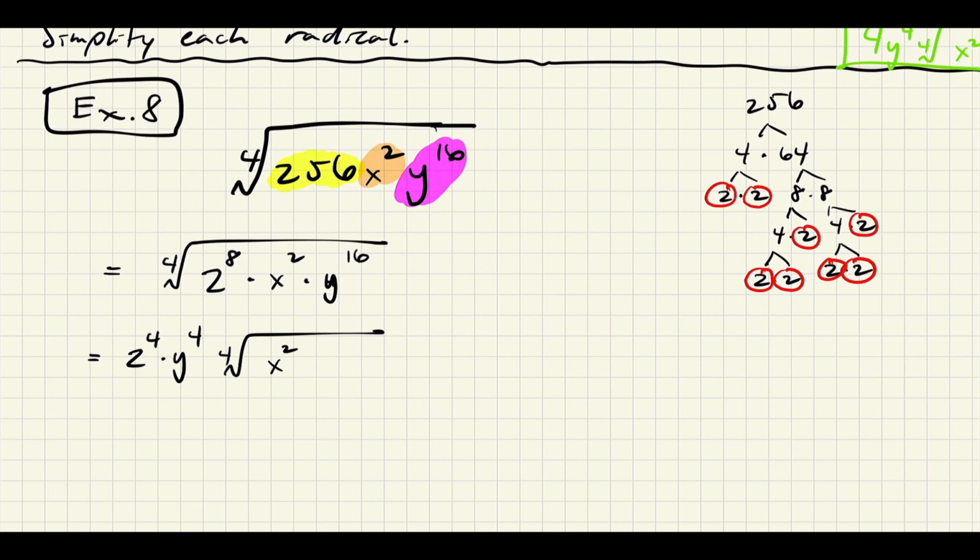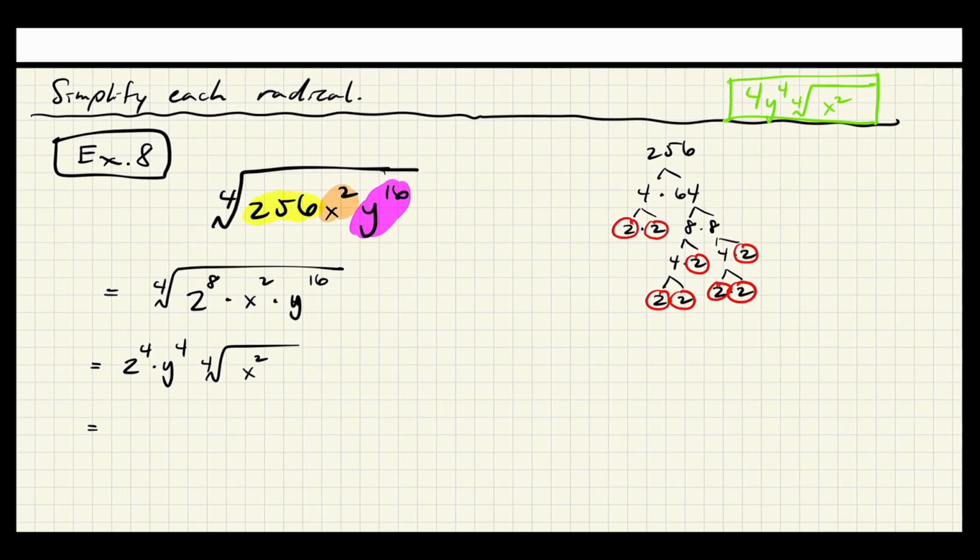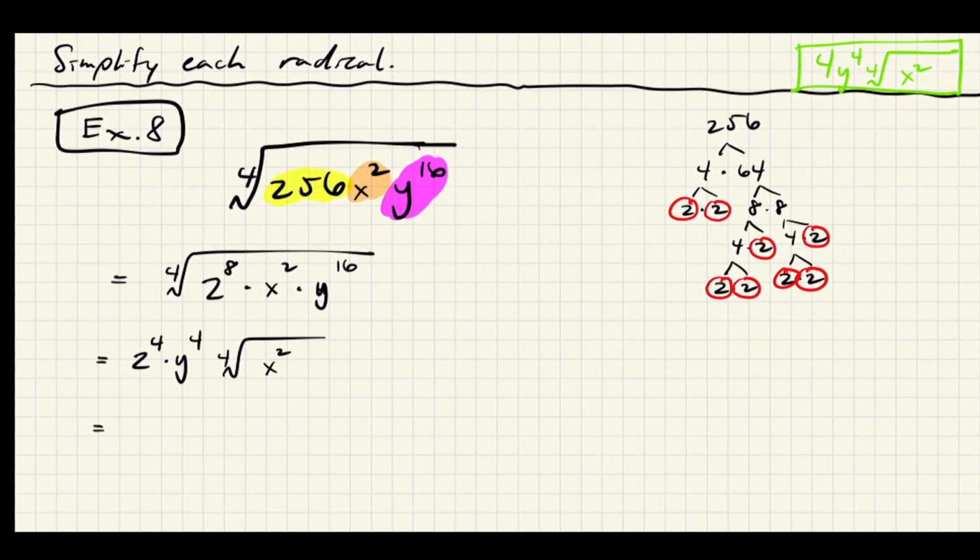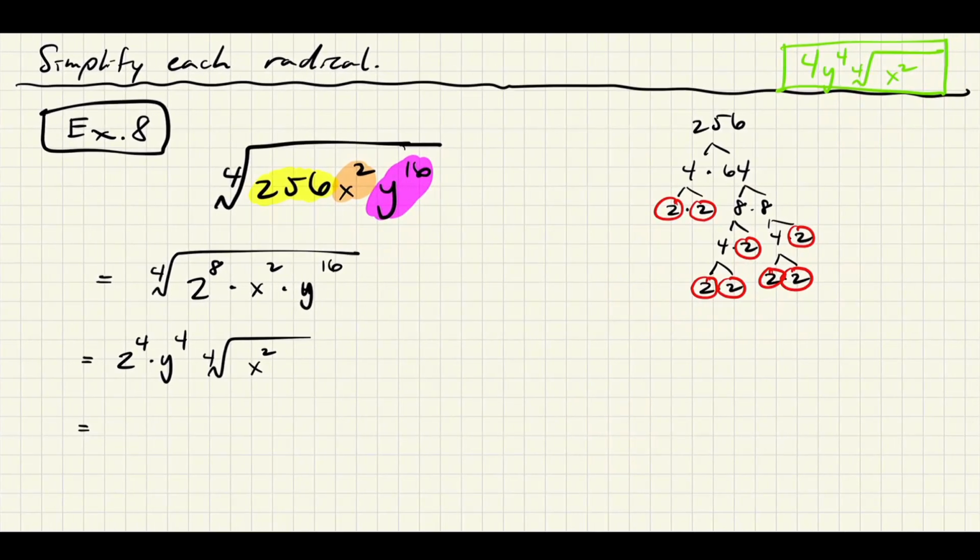Do I have any y's left over inside? No. So let me clean this up a little bit. 2 to the 4th is 2 times 2 times 2 times 2. Wait, sorry, I did this wrong. If I have 8 2's, how many groups of 4 do I have? Just 2.